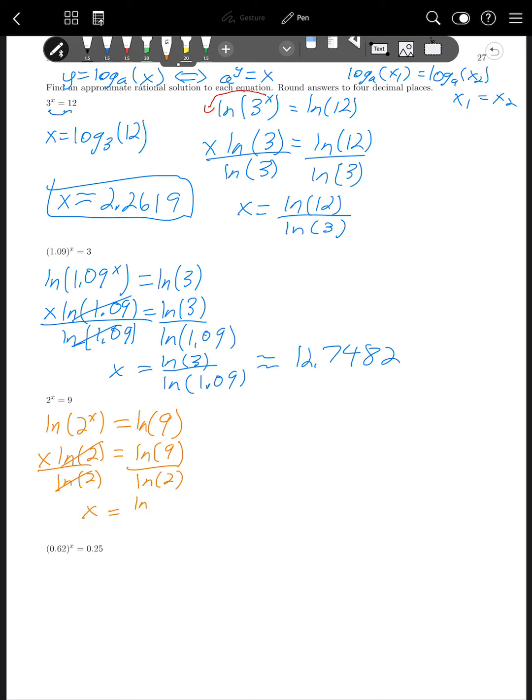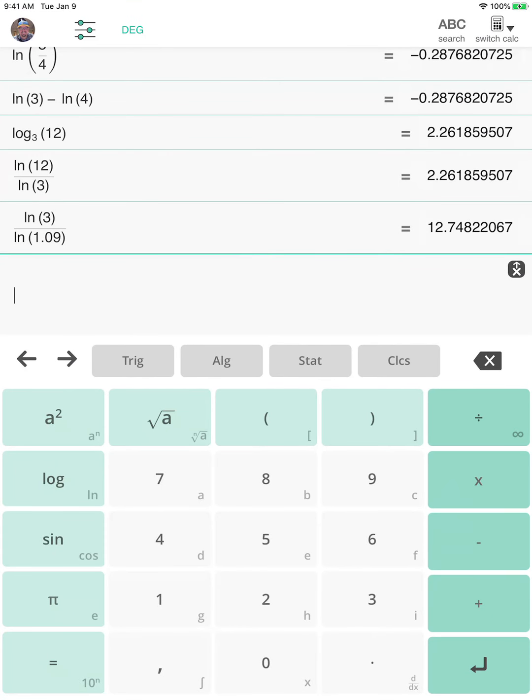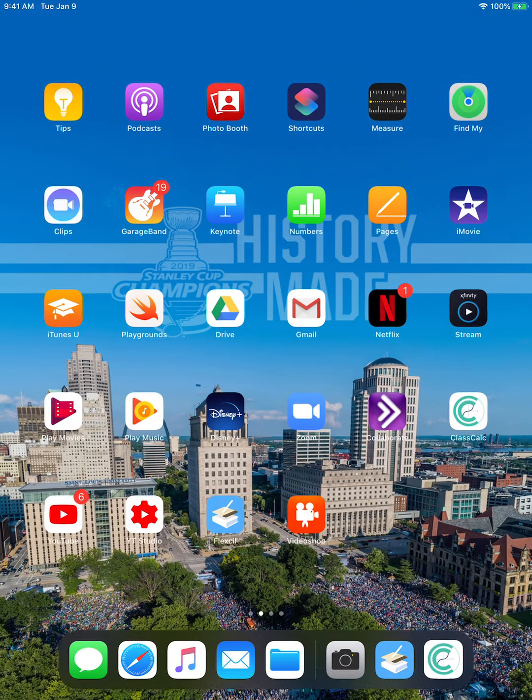So x equals the natural log of 9 divided by the natural log of 2, which is 3.1699 approximately.